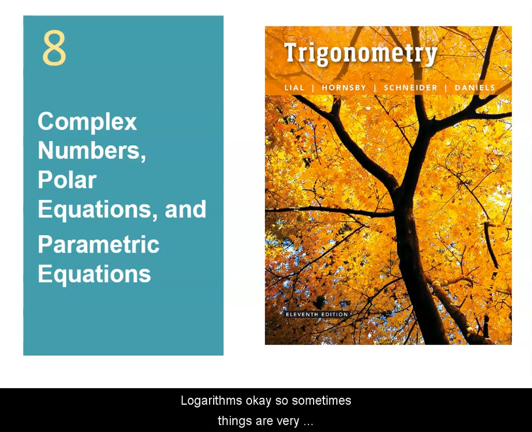Sometimes things are very hard or actually impossible to do in the exponential form. So you take your exponential form, go into logarithms, do your math in logarithms, and then return to your exponential form. It's really the same kind of deal. The polar form will be difficult for some calculations, so we go into the complex form, do our math there, and then return to the polar form. That's the overarching idea, and that's what I want you to keep in mind as we go through these processes.